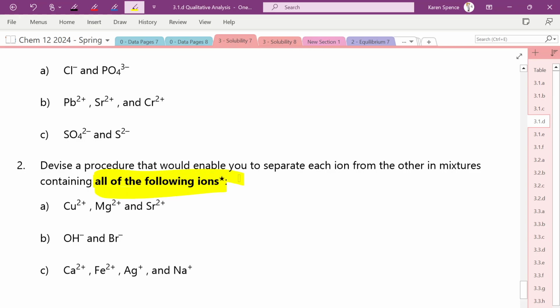Will you need to say if a precipitate forms? Or will you be guaranteed that a precipitate forms? A precipitate will form, you're just separating the ions. You're not finding out if they're there, you're just separating them one from the other. Okay? Page 20 is your homework.